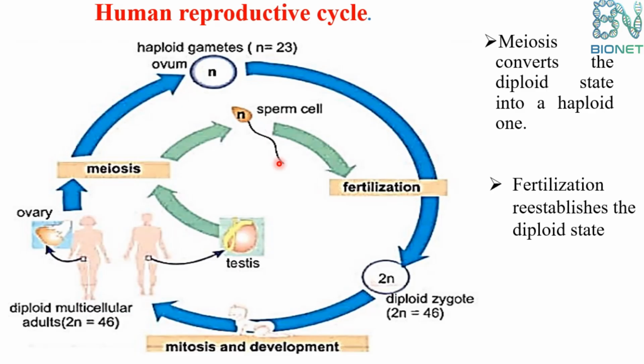Meiosis and fertilization are the two fundamental mechanisms of sexual reproduction. These are two complementary mechanisms. Meiosis transforms the diploid cells into haploid cells, and fertilization re-establishes the diploidy in order to conserve the constant number of chromosomes in the human species.